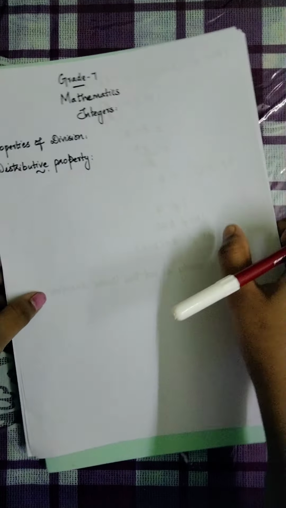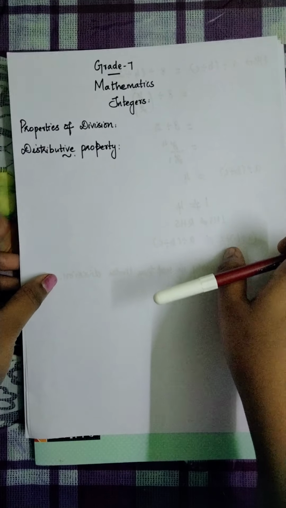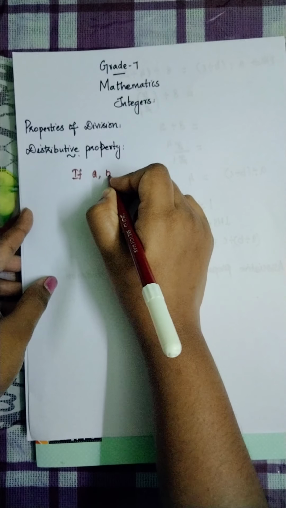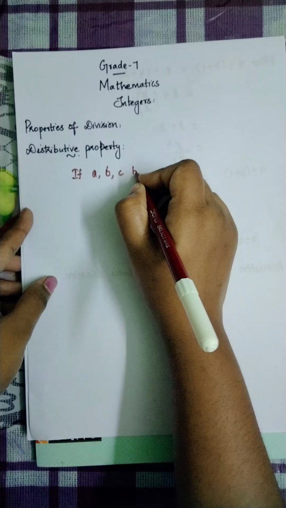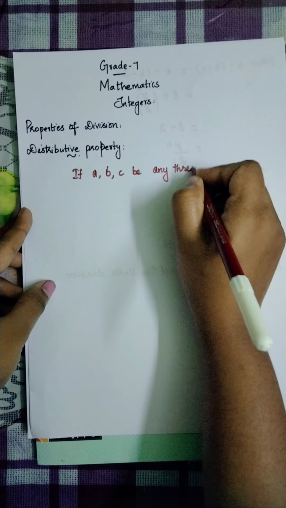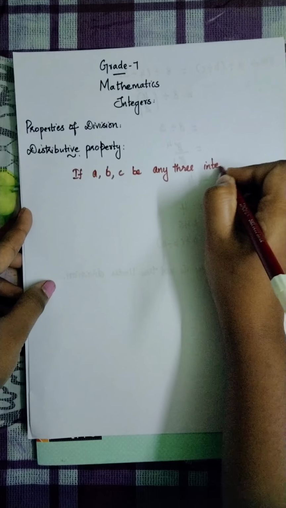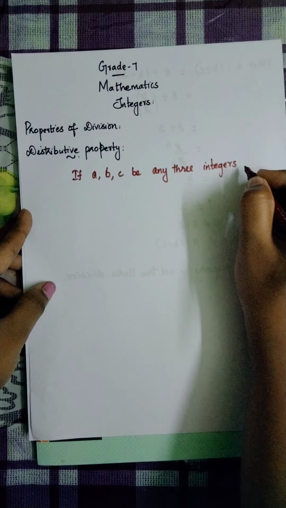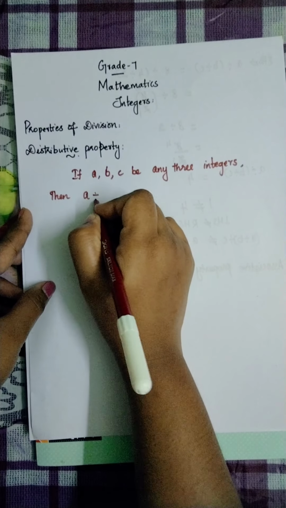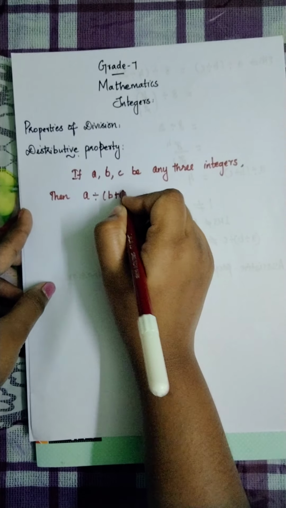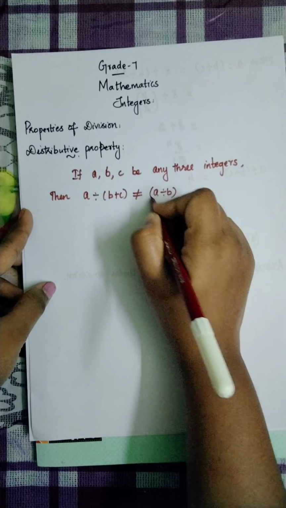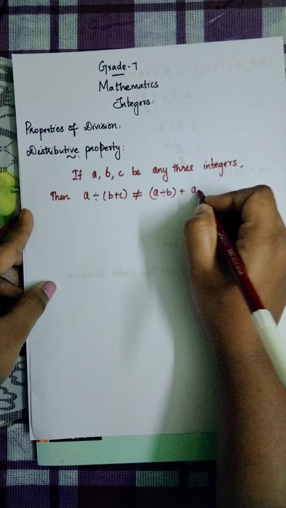For distributive property, we are going to take any three integers. If a, b, c are any three integers, our condition is then a divided by (b plus c) is not equal to a divided by b plus a divided by c.